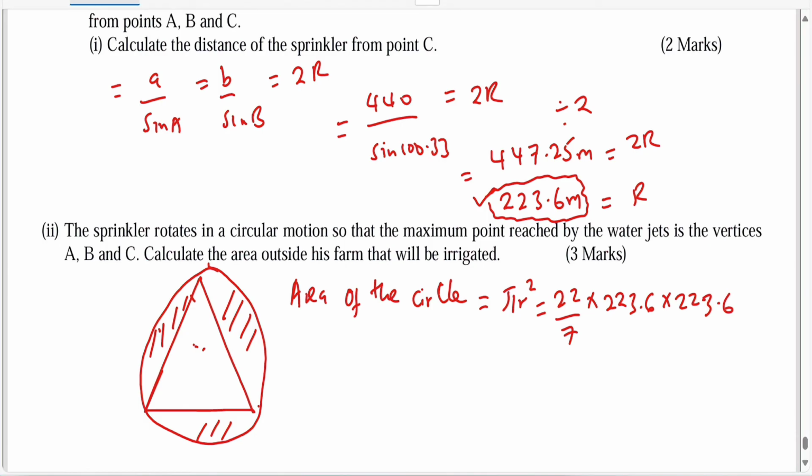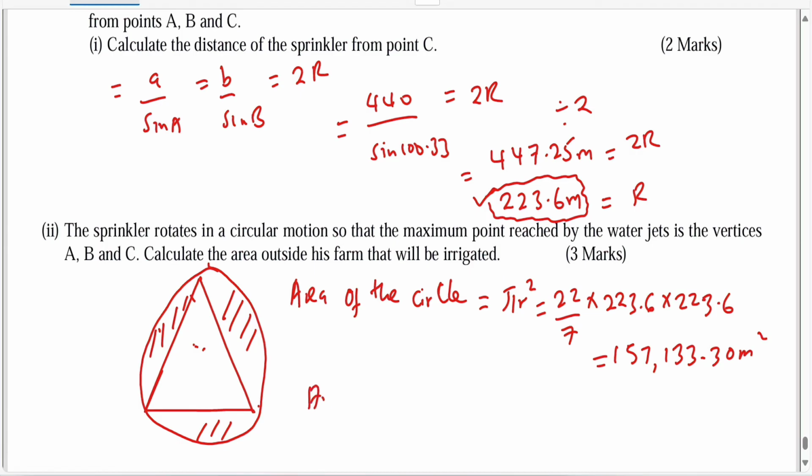Sawa, ama ukitaka utaandika 223.6 squared. It's the same thing. So 22/7 times 223.6 squared itatupa around 157,133.30 meters square.